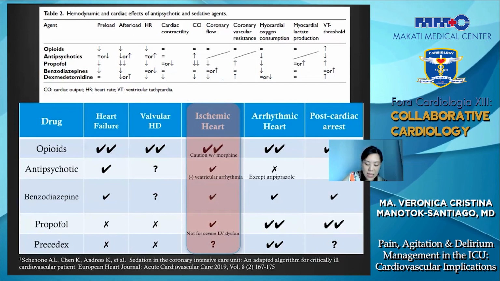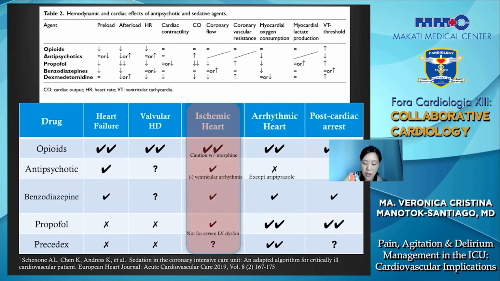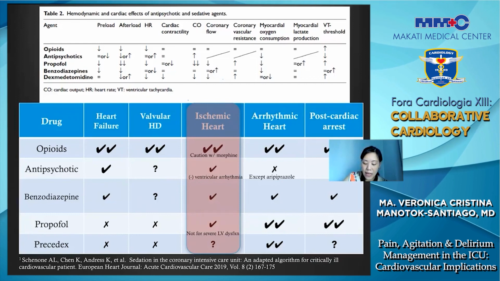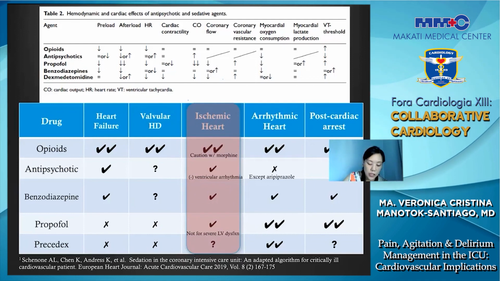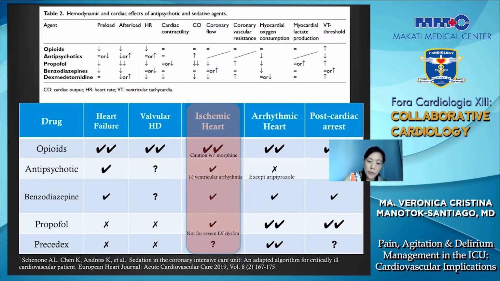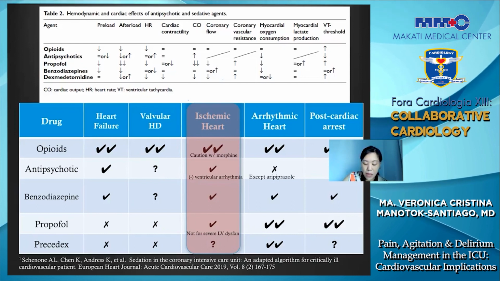If a sedative is needed, again, benzodiazepines seem to be the safer adjuncts because of their milder hemodynamic effect, but at the cost of the not so favorable outcomes with regards to ICU length of stay and mechanical ventilation. Propofol also seems to be okay.